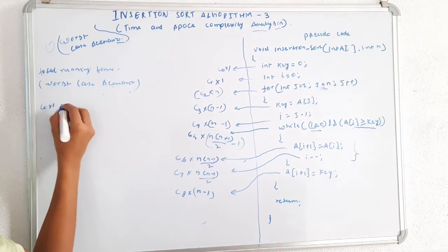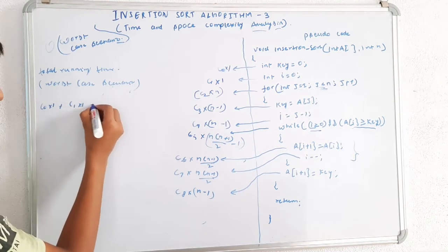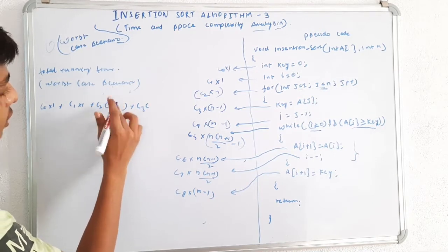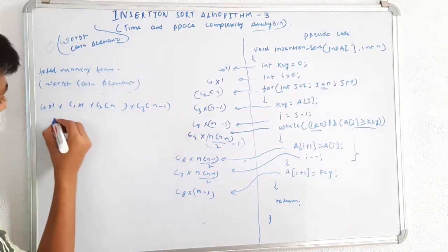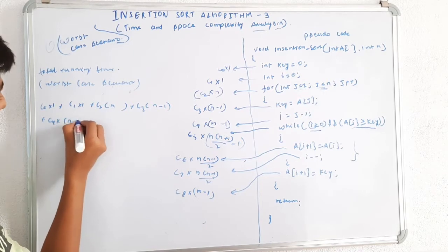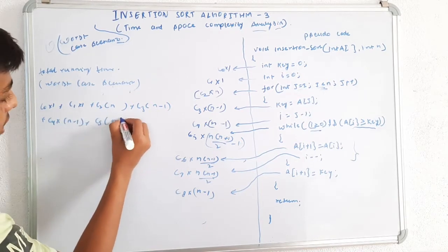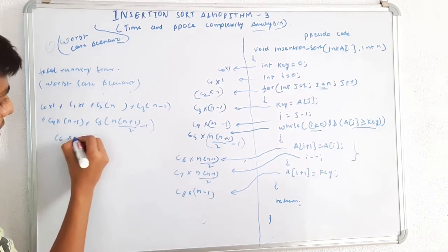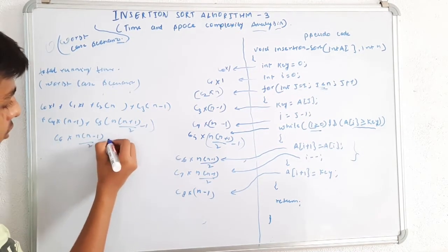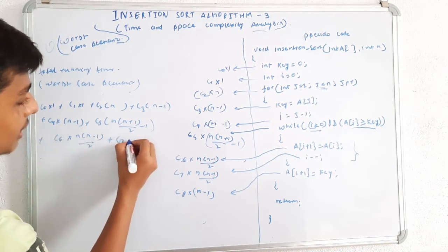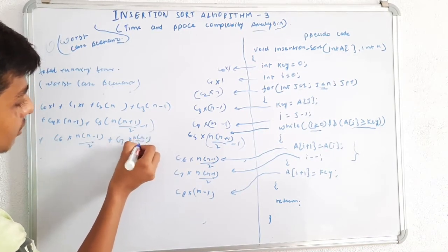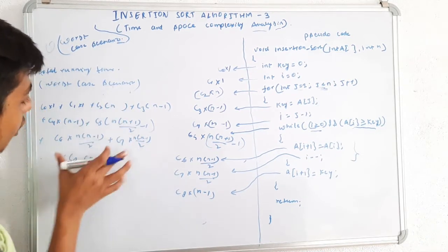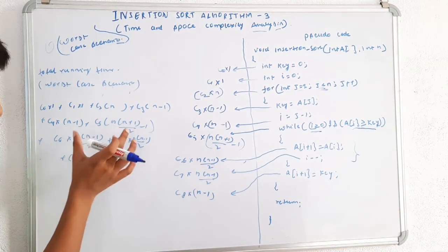So C0 into 1 plus C1 into 1 plus C2 into n minus 1 plus C2 into n, C3 into n minus 1 plus C4 into n minus 1 plus C5 into n plus 1 by 2 minus 1, C6 into n minus 1 by 2 plus C7 into n minus 1 by 2 plus C8 into n minus 1. So you add all these for the total running time.